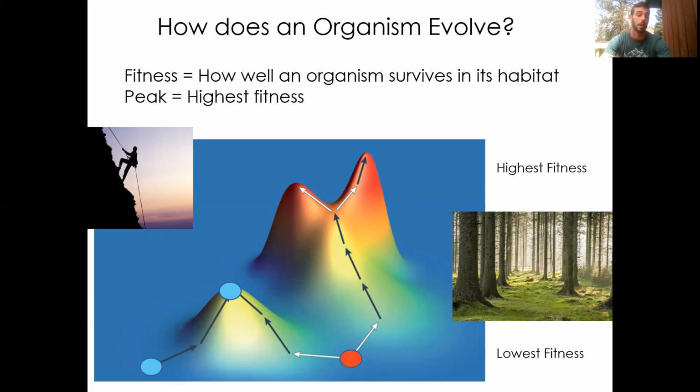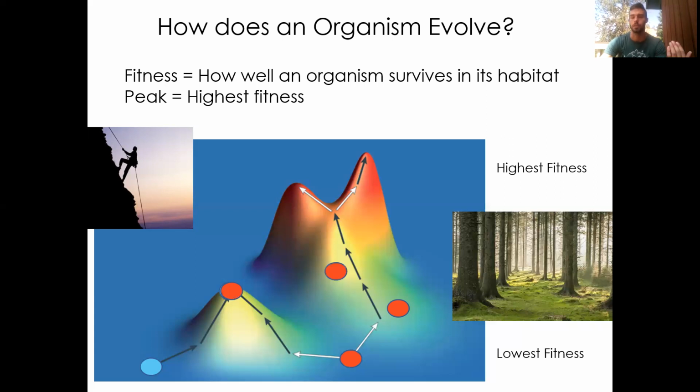Red, however, can take either direction. So there's all kinds of random chance that happens, and maybe it goes up to this small hill, or maybe a mutation causes it to go to an area where it can evolve to a higher level of fitness. Let's just say it evolves feathers and it can fly now.